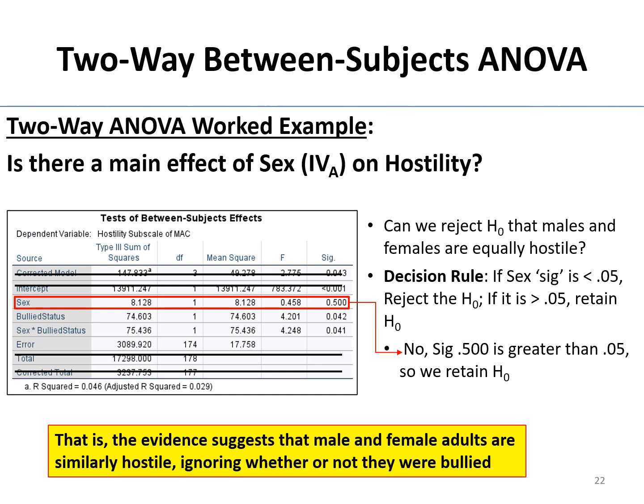So what do we conclude? There's no overall difference in hostility between men and women. Another way of saying that is there is no main effect of sex. The evidence suggests that male and female adults are similarly hostile, or equally hostile, ignoring whether or not they were bullied. That's not even taken into account here.